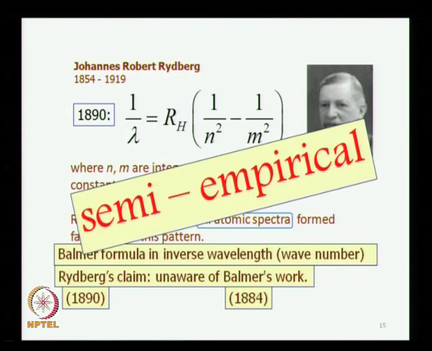Now, this is a semi-empirical formula. Semi-empirical means that you have got some experimental observations, you do not really have a theoretical model, but you do some mathematical jugglery and you figure out that all of these numbers fit this particular formula. So, this is semi-empirical, it is not fundamental, it is not theoretical as such.